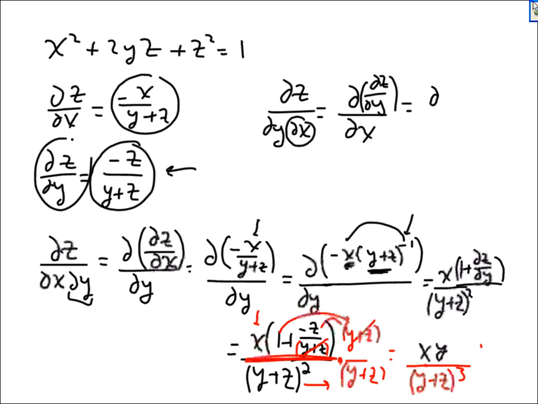So it's the partial with respect to x of negative z over y plus z. And since we have z's on top and on the bottom, I mean, there's no x's, but there's z's on top and on the bottom, I would use the quotient rule here. Okay, but I'm not going to do this one. You have to have some exercises to do yourself.